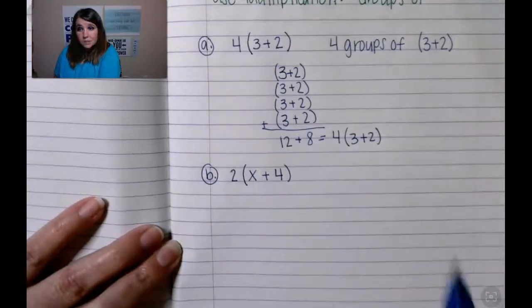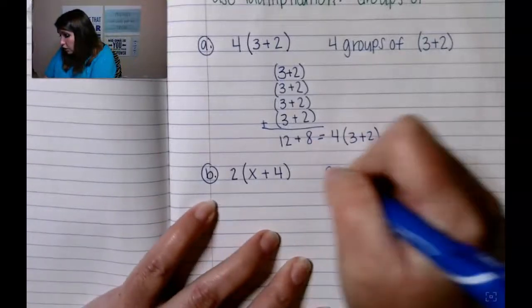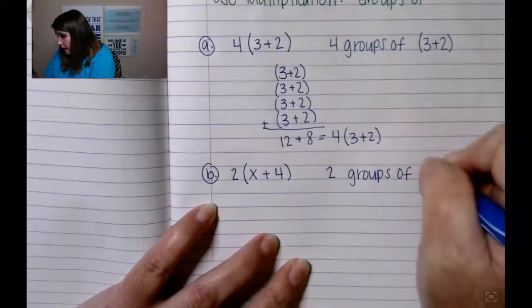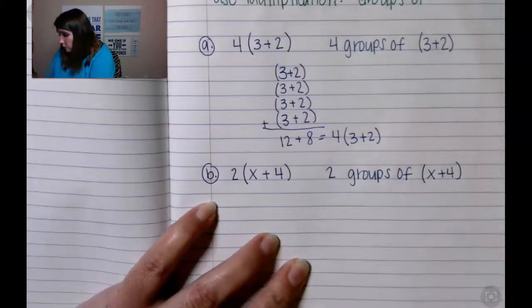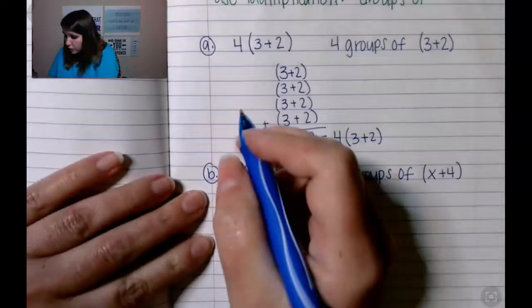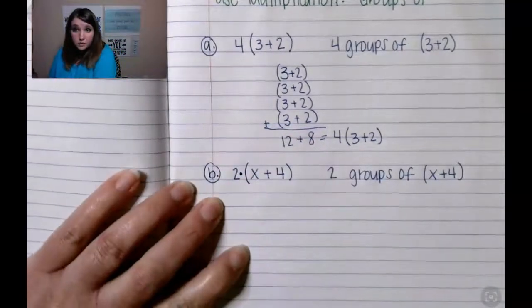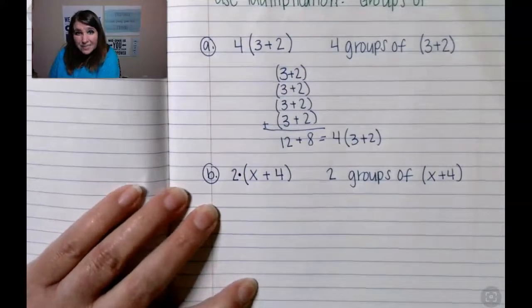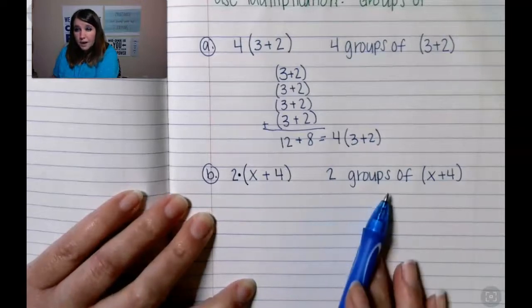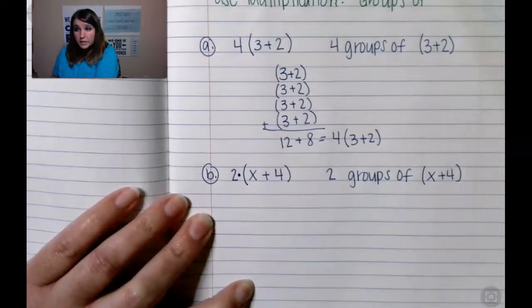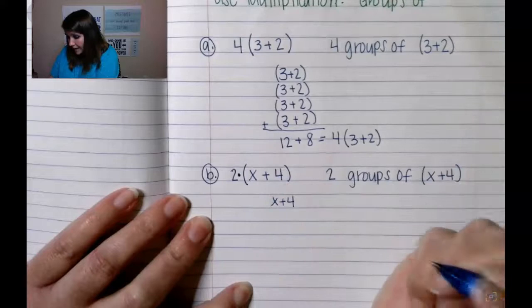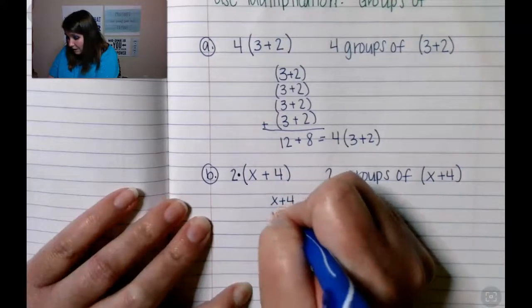So when we read this as two groups of x plus 4, or 2 times x plus 4, because really there's a little dot in between. That dot's not really there, it's invisible, but we know that this is multiplication. Okay, so two groups of x plus 4. So I can rewrite this as x plus 4 and x plus 4.